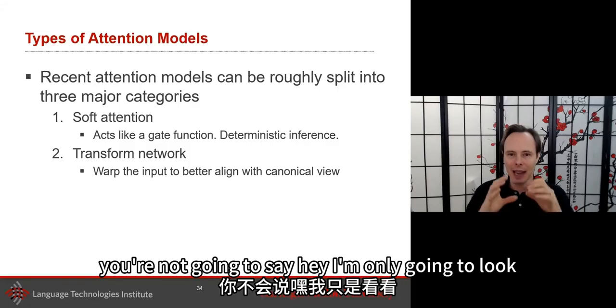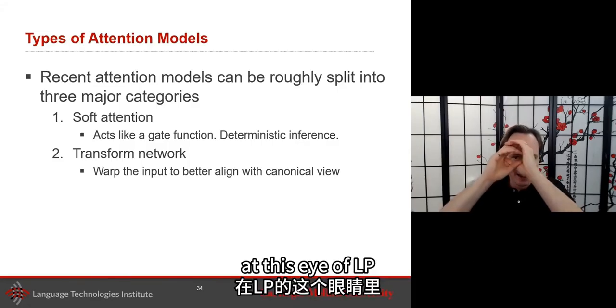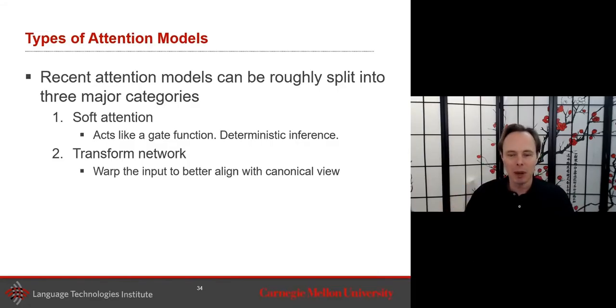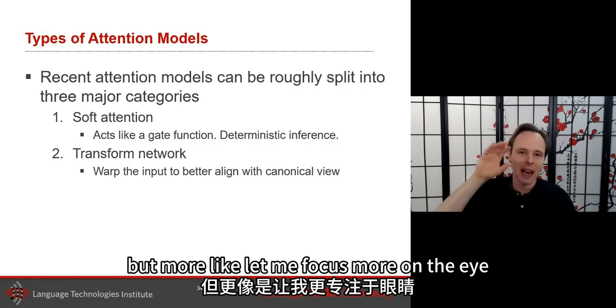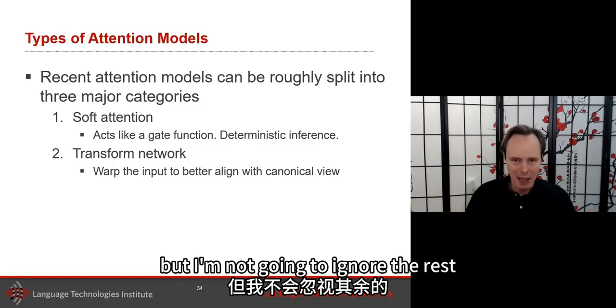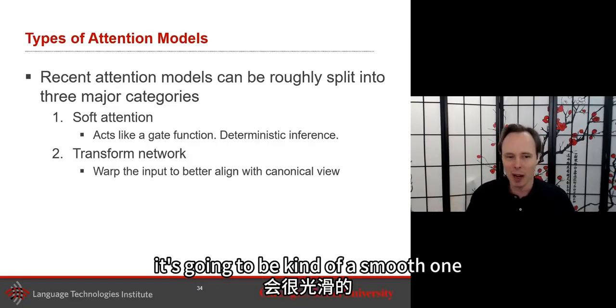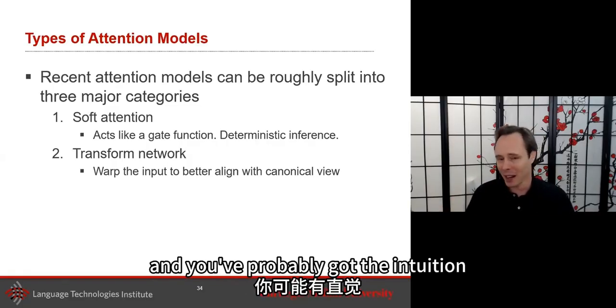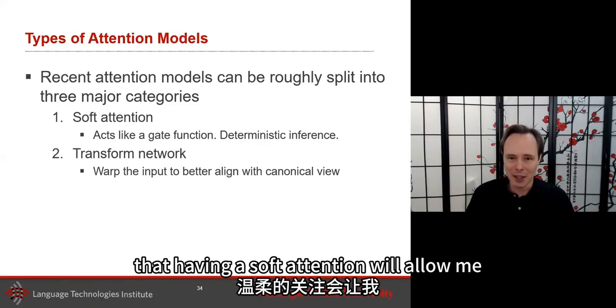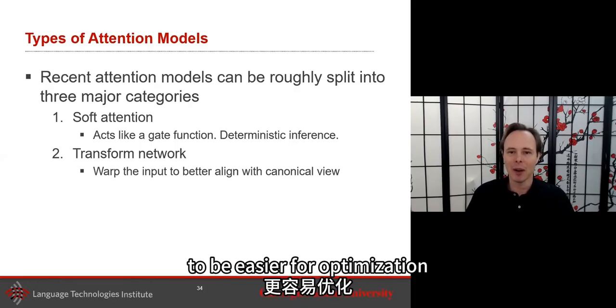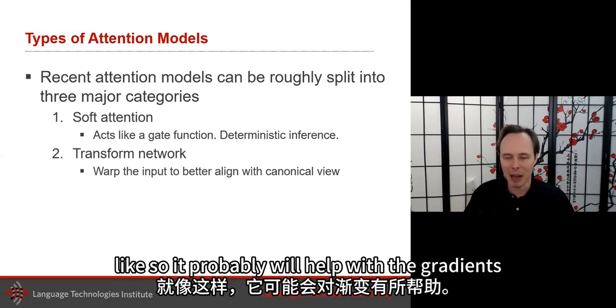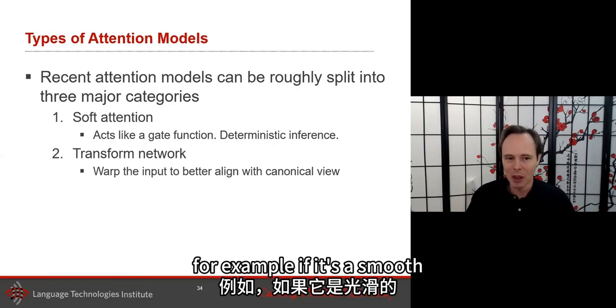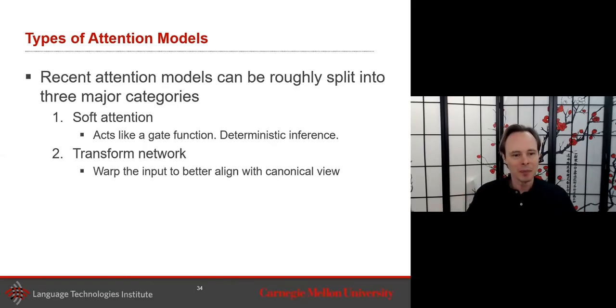You're not going to say, I'm only going to look at this eye, but more like, let me focus more on the eye, but I'm not going to ignore the rest. It's going to be a smooth one. You probably got the intuition that having soft attention will make optimization easier. It will probably help with the gradient, for example, since it's smooth.